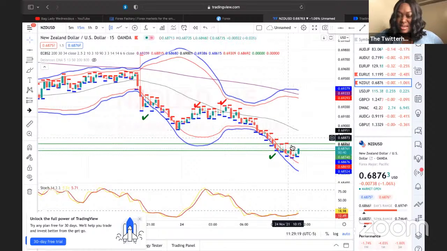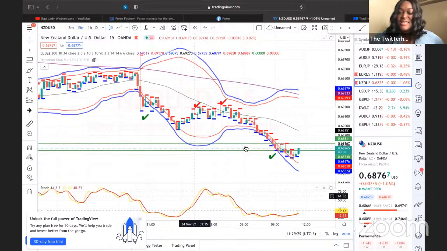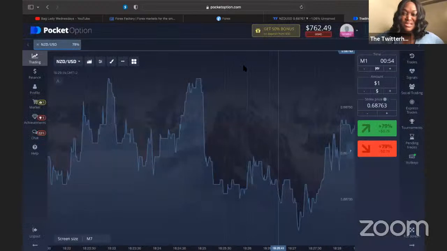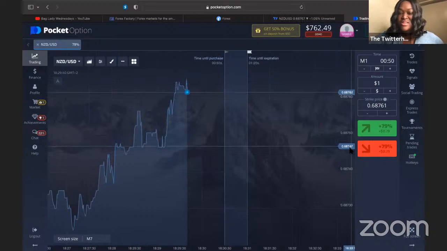I would say for NZD USD, is that 811? Yeah, 811 or higher. And this looks a little bit more promising to me. Let's see. 811 or higher.